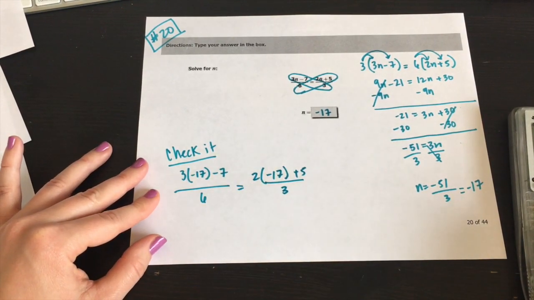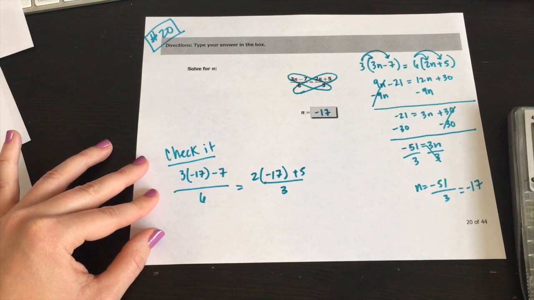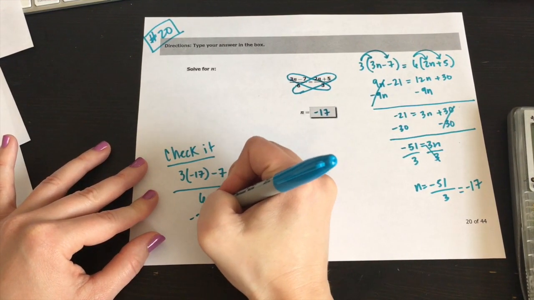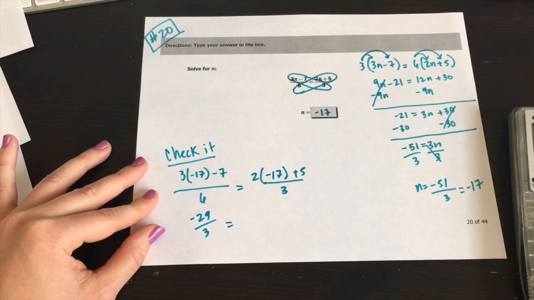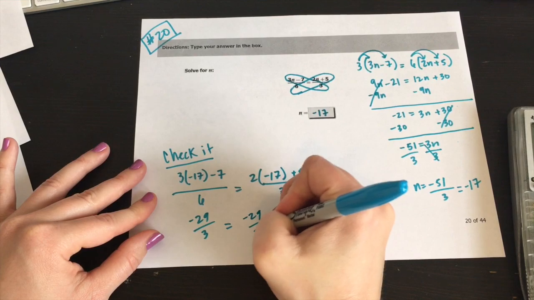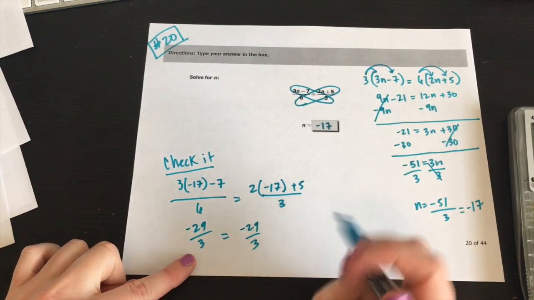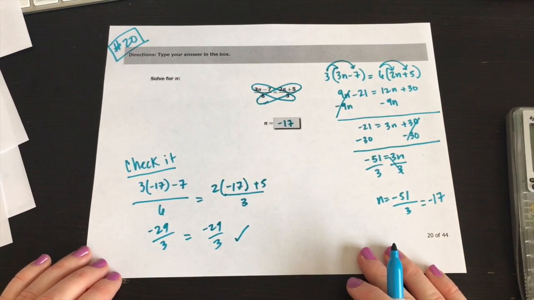This is some weird math. Let's put it in fraction form. Negative 29 over 3. 2 times negative 17 plus 5 divided by 3. Math, fraction, and again, negative 29 over 3. They're the same. Okay, so that checks. Negative 17 is our answer.